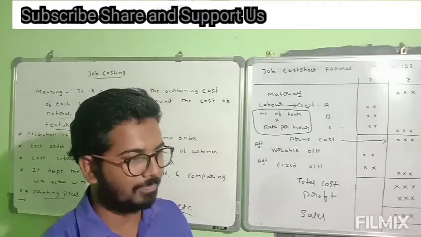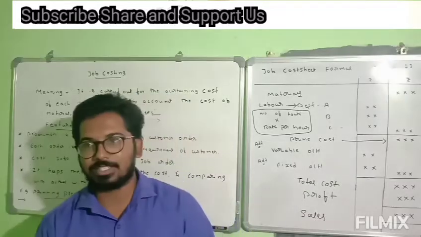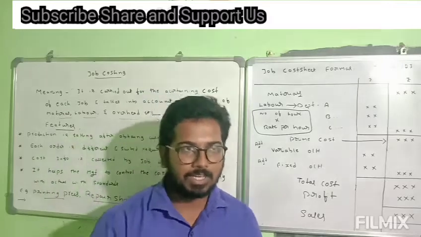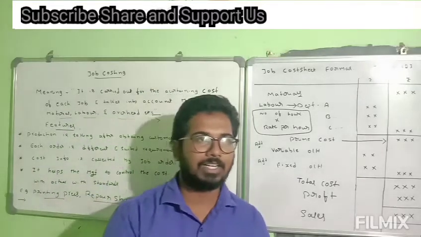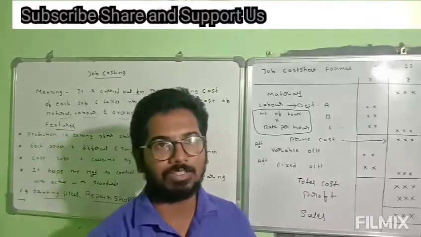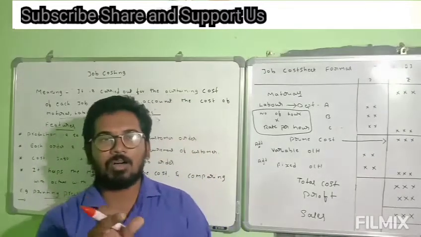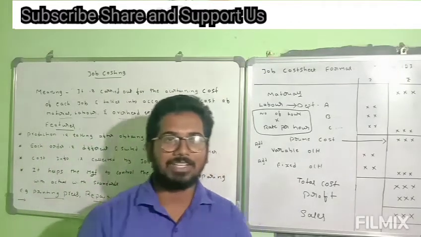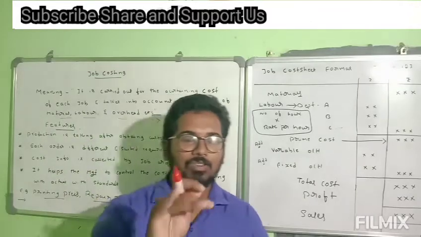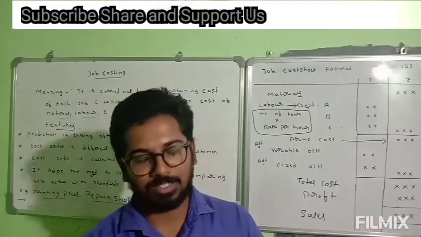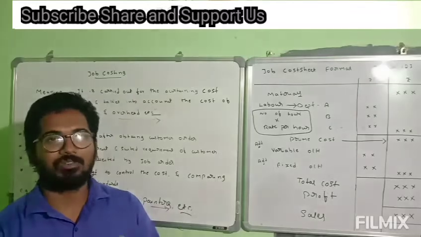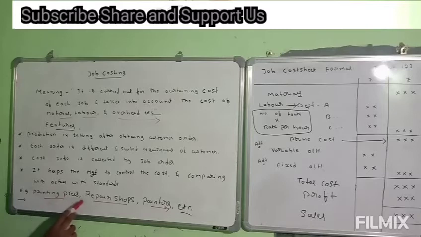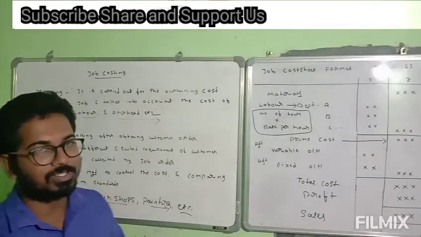The best example is when you go to a service center, either for a car or bike. They take our vehicle and give a description. You can observe in the description that the job order or job cost details show what activities they have done for the service. For each and every order, they prepare a separate cost sheet. That is what we call a job cost sheet.